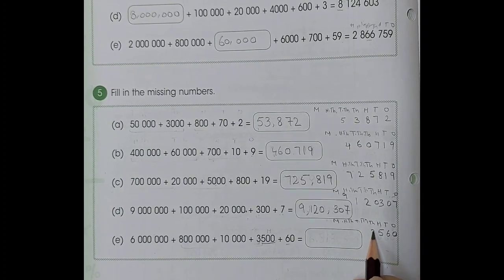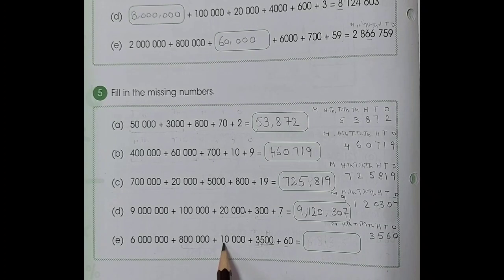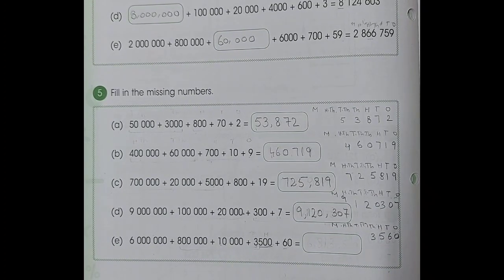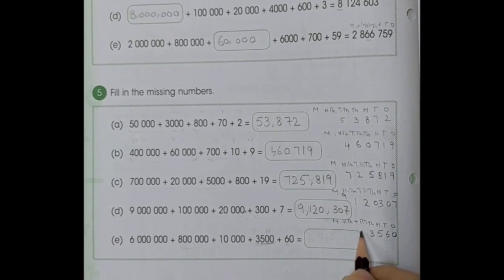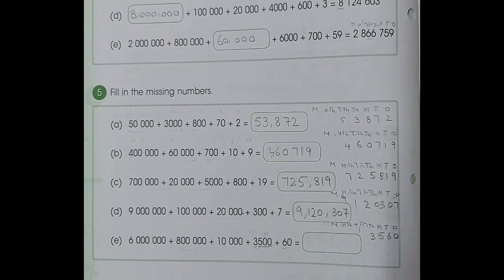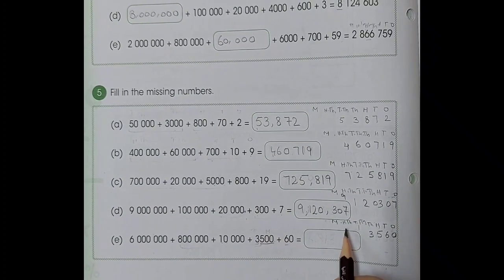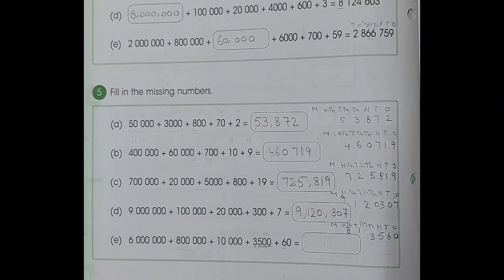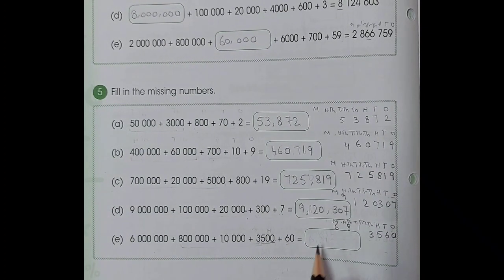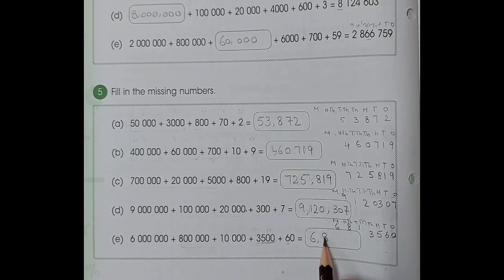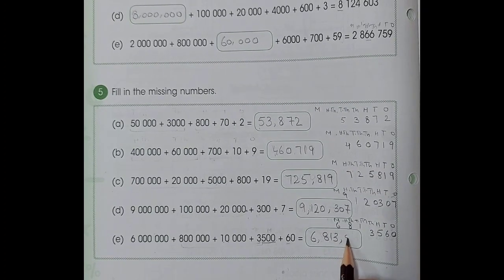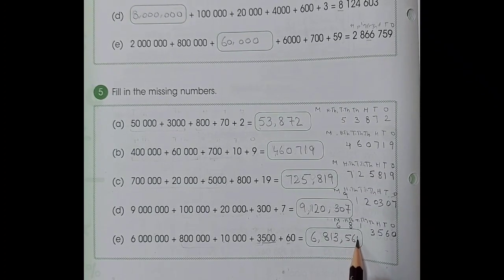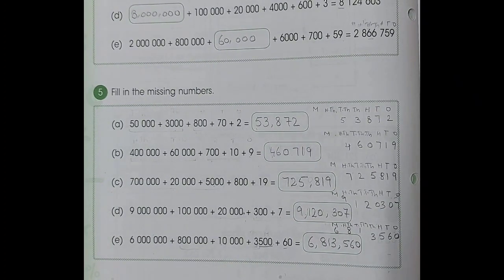So 3 comes here, and 10,000. Okay, 10,000. So we will write what? 10,000. And then 100,000, 800,000. So 8 will come under 100,000, and million 6. So the number will become what? 6,813,560.